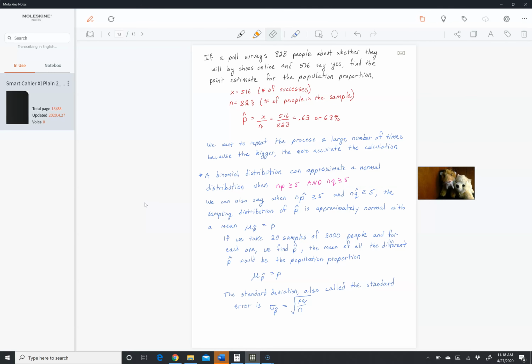What we're going to do is create a 95% confidence interval for the information about US adults and their use of Facebook. Okay, so let's go back. I'm going to put this information in again because this way you have it in front of you.